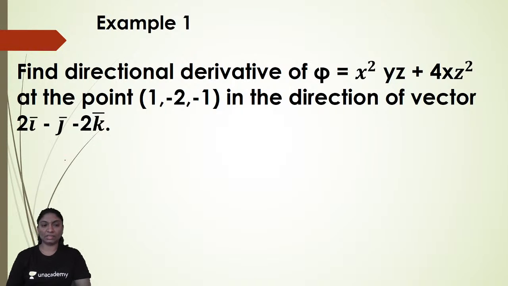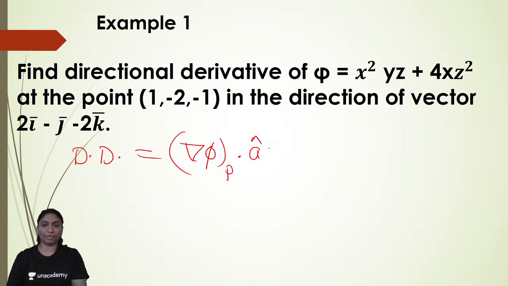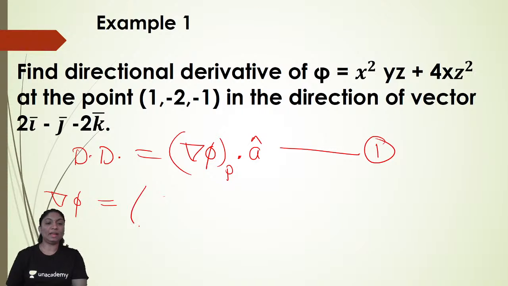So our formula for the directional derivative is: directional derivative is equal to del phi at point P dot a cap. Here del phi, it means first we will calculate del phi at point P, so we will call this equation 1.